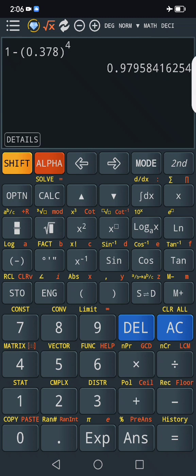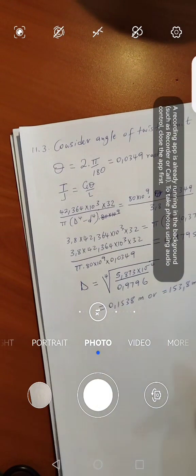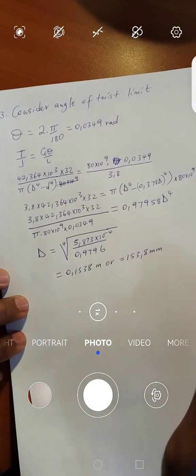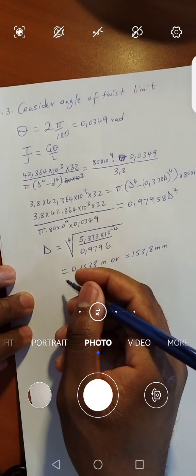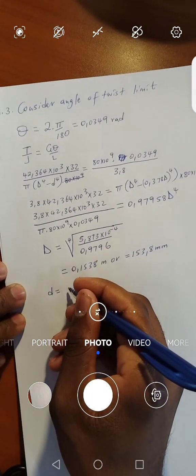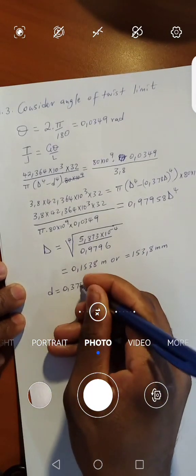Then your d will be 0.1538 meter or 153.8 millimeter. Then from there, small d will be 0.378 d.